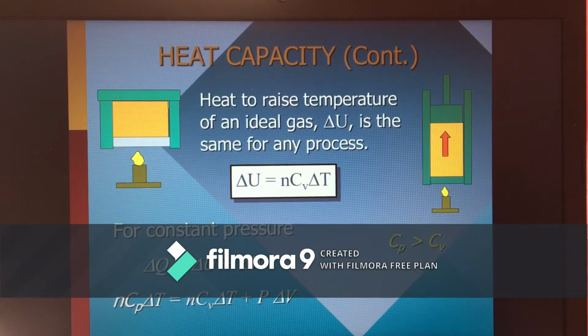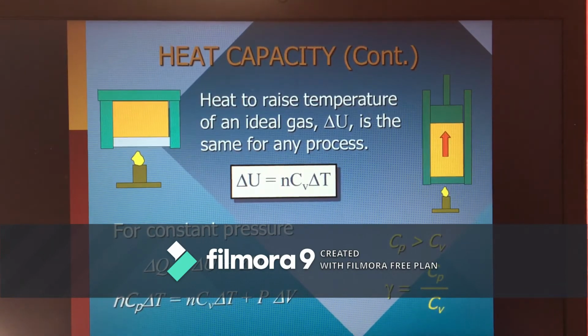So here we can see that the heat capacity at constant pressure is greater than the heat capacity at constant volume. Alright, so that's the relationship, class, that we need to understand and remember.